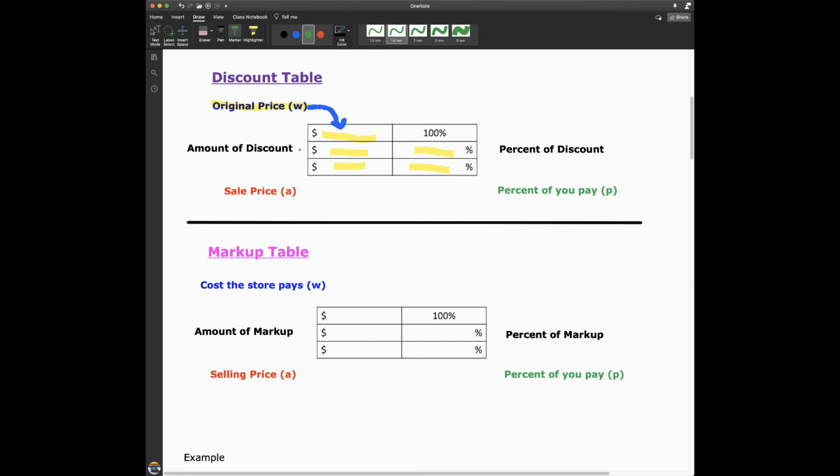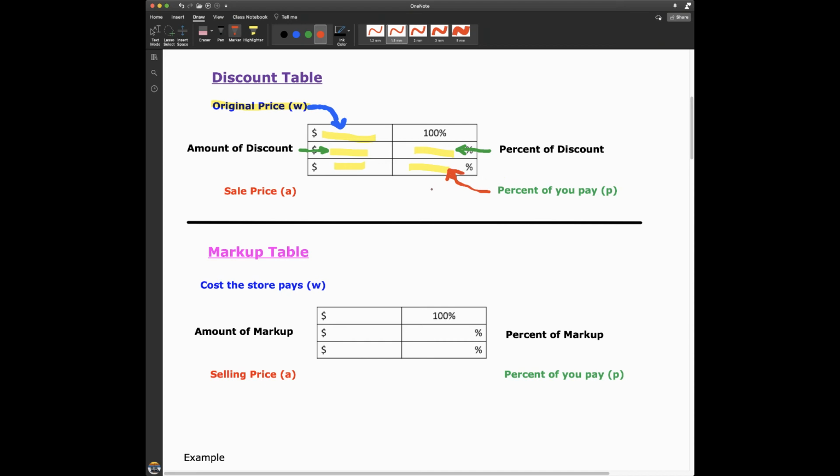The amount of the discount. Lots of times we don't calculate that, but that's where that would go. The percent of the discount. We will use that. If something's 20% off, that's where we put it. And then the percent that you pay would go here, okay? So if something's 20% off, that means you're going to pay 80%.